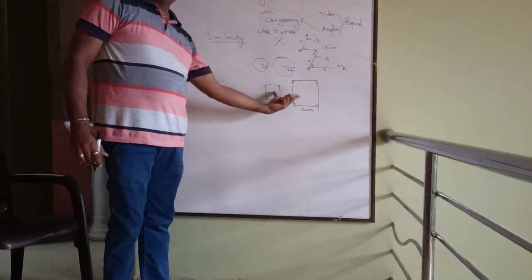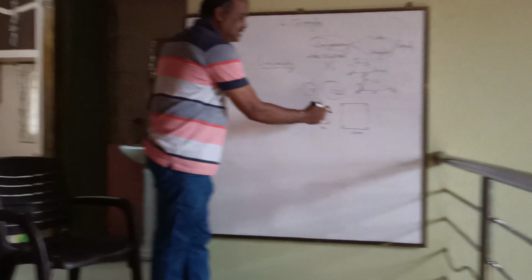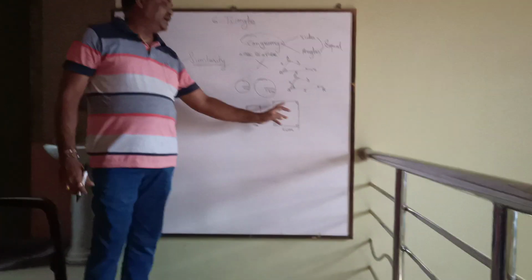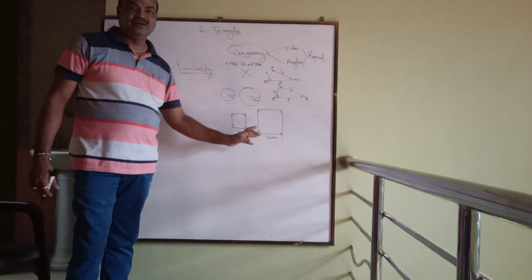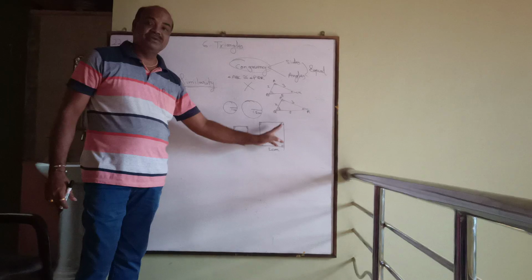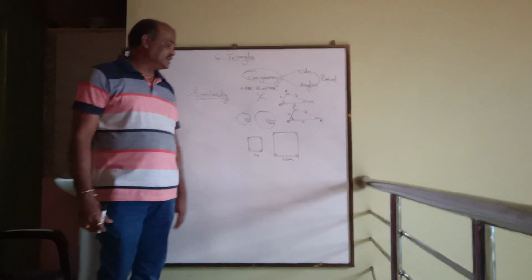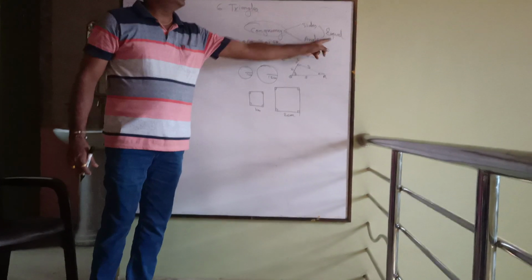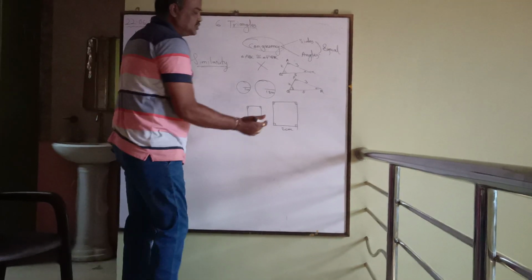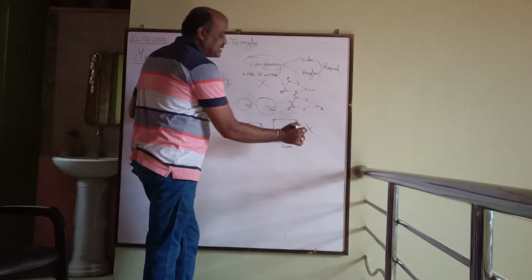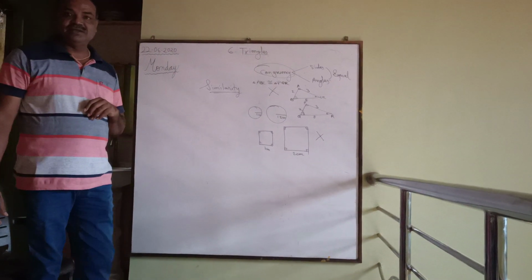You know that every square has each angle of 90 degrees. But here once again, the sides are not equal. So here also, these two squares are not congruent, right?